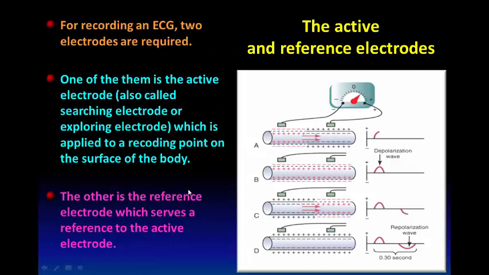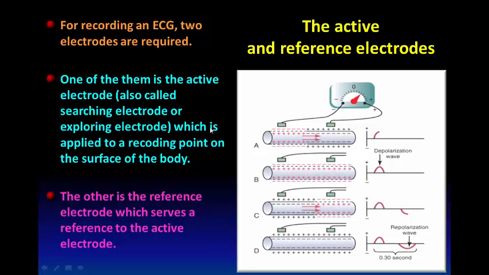For recording an ECG, we need two electrodes, as we mentioned in the previous slides, in order to close the electric circuit. One of the electrodes is the active electrode, which is also known as the searching electrode or the exploring electrode.